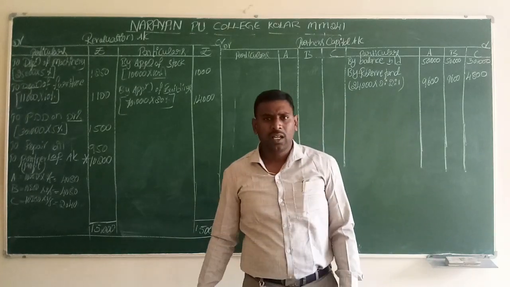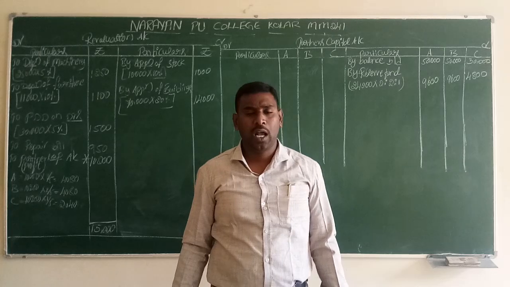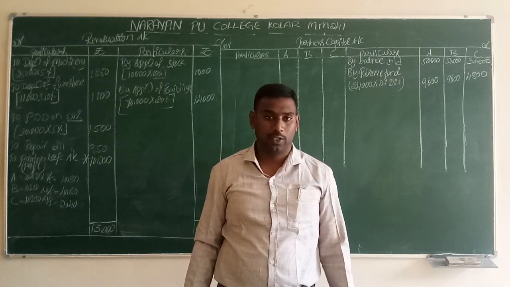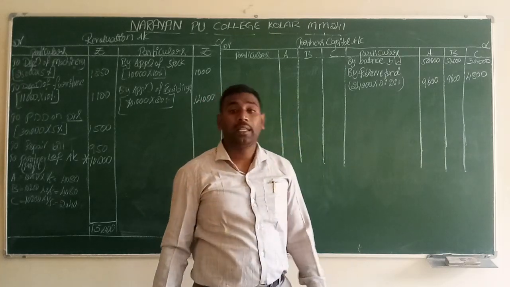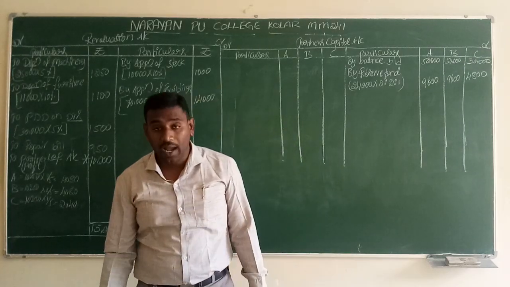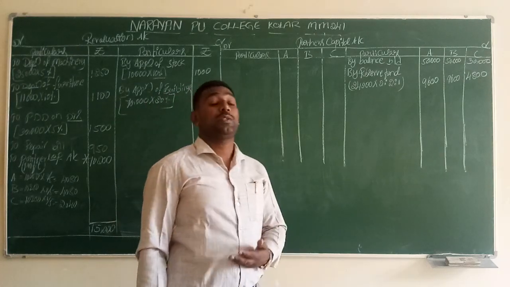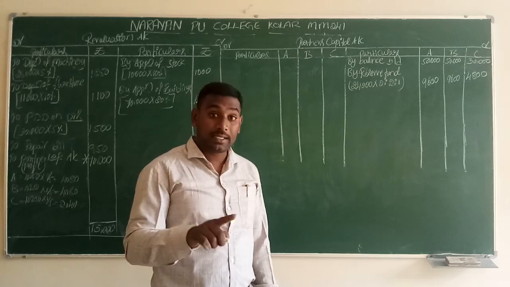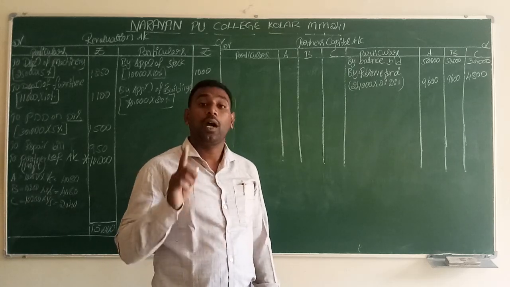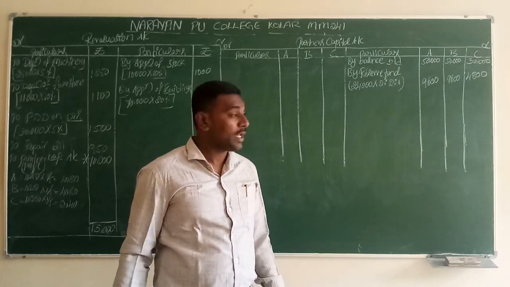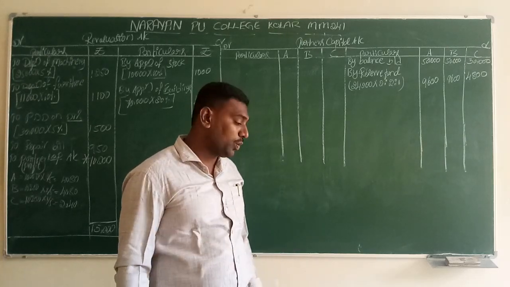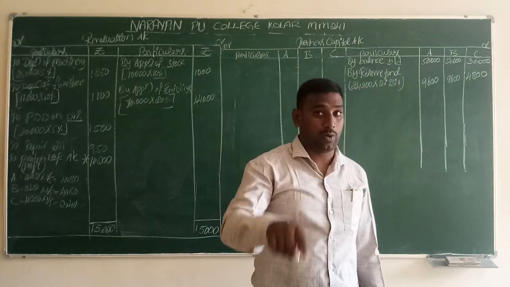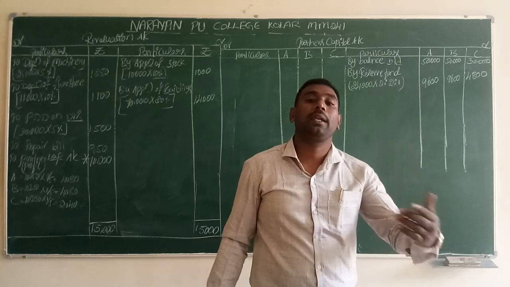Next, step number 3. Nothing else is given in the previous balance sheet, so let's come to the adjustments. In adjustment number 5, the goodwill of the firm is raised, for rupees 36,000, and the same is retained in the business.